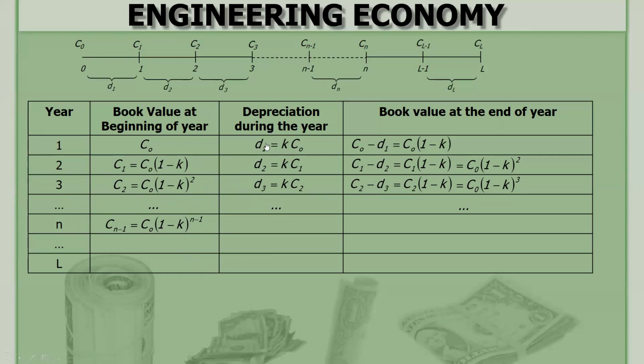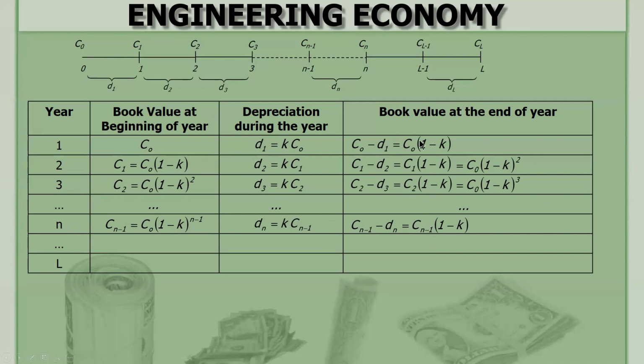And then for this one, year 3, D sub 3, but then the subscript of C is 1 less. And then the book value at the end of the year. Okay, you can get a pattern here. For year 3, C sub 2 only. So for year n, it would be C sub n minus 1.